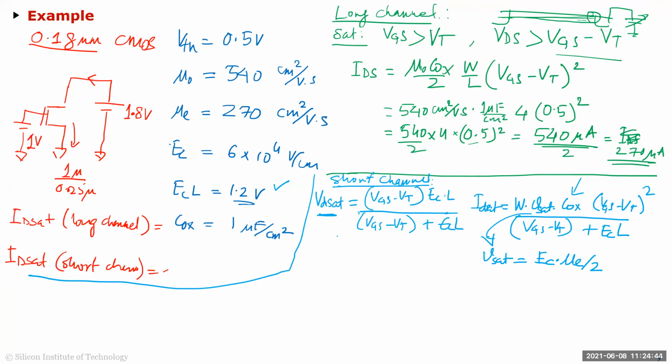Now that we know it's the saturation region, everyone at least got the VDSAT. Now calculate the saturation current. To write it, substitute the VSAT into the equation and do some rearranging to make it simpler so that you can use your previous result quickly.